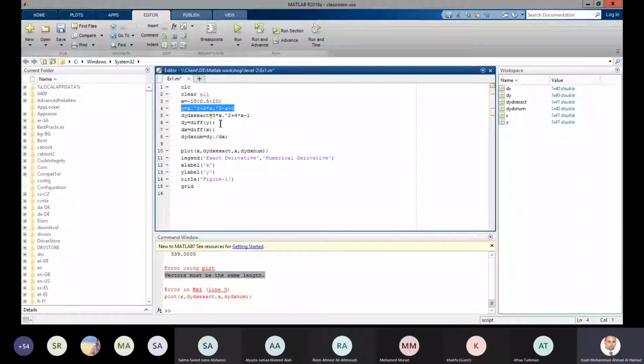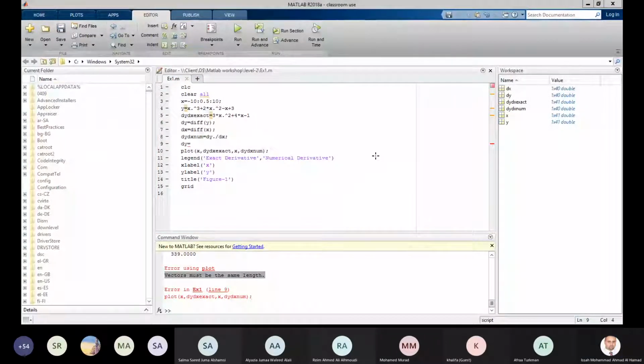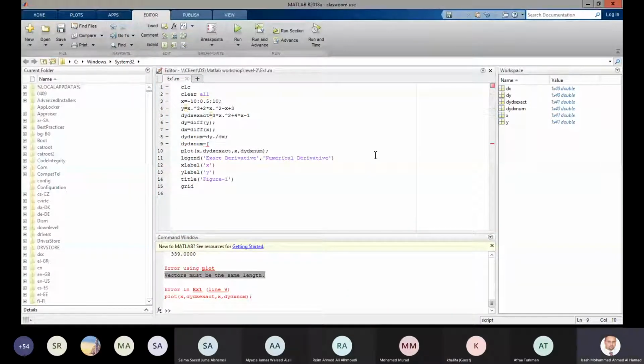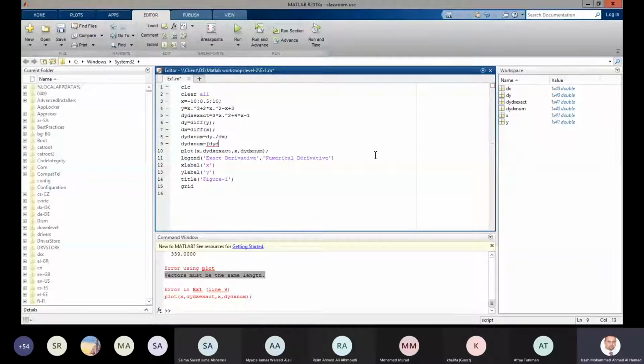This is why we have to make a simple trick and write dy/dx numerical equals, okay, dy/dx numerical, any number, NaN.